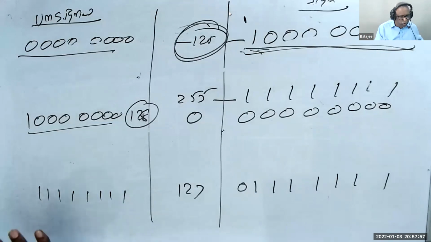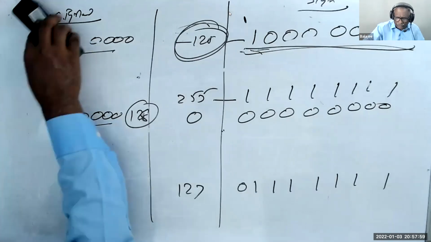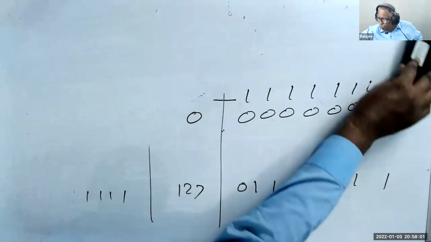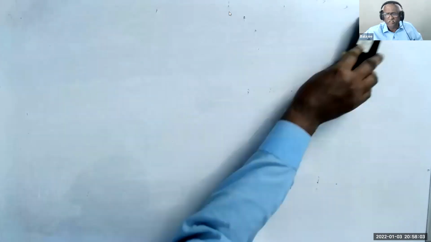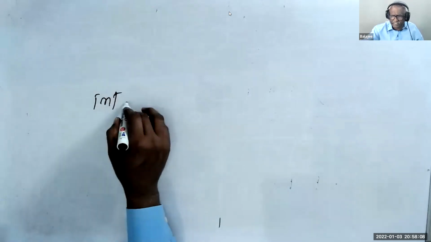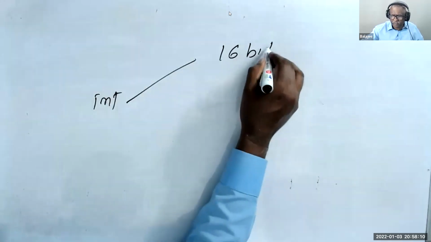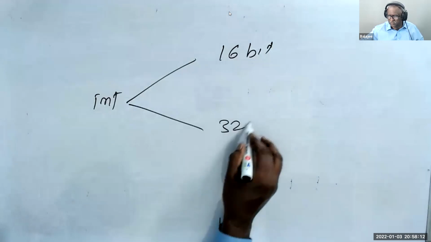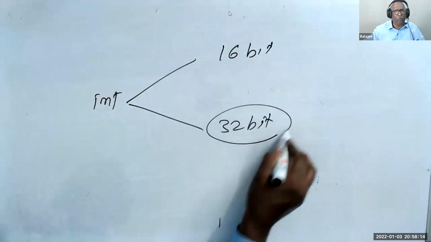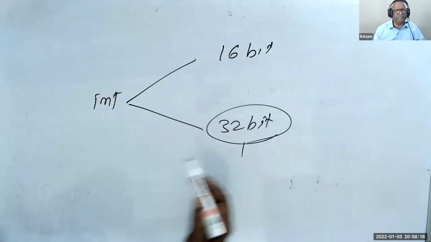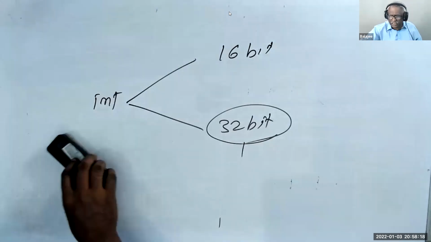Okay, so somebody has asked one more question. What about int? Int is sometimes taken as 16-bit, sometimes as 32-bit. But nowadays, mostly 32-bit, except a few. So that's why I always don't prefer to use int.